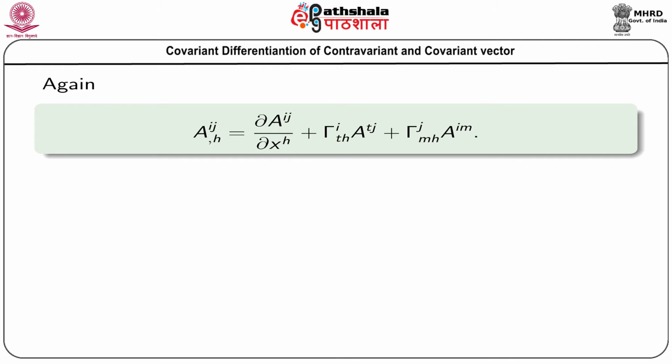Similarly, we have a i j comma h, that means a i j is a contravariant tensor of type 2 0, and its covariant differentiation with respect to x h will give us the expression a i j comma h equals del a i j by del x h plus gamma i t h a t j plus gamma j m h a i m.